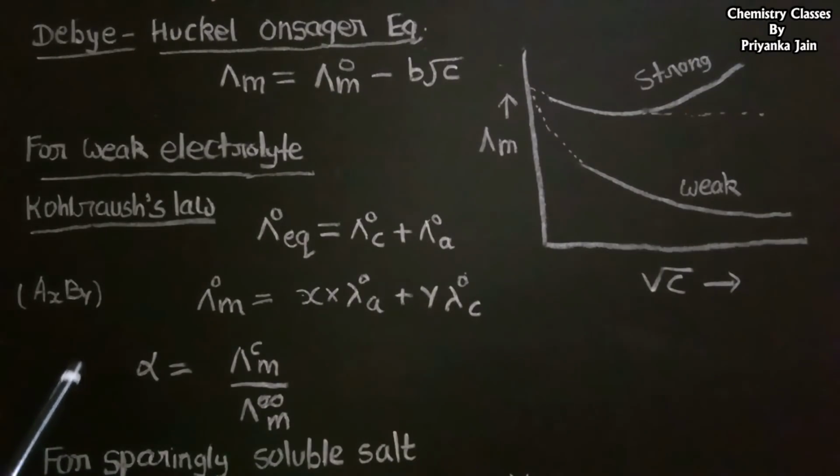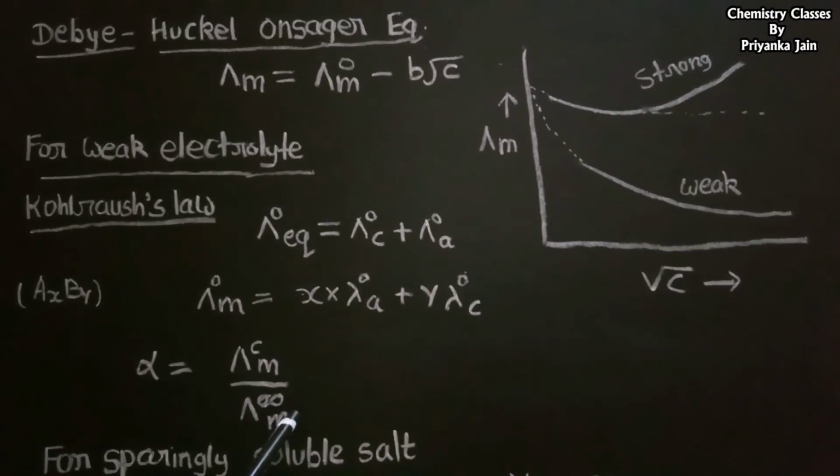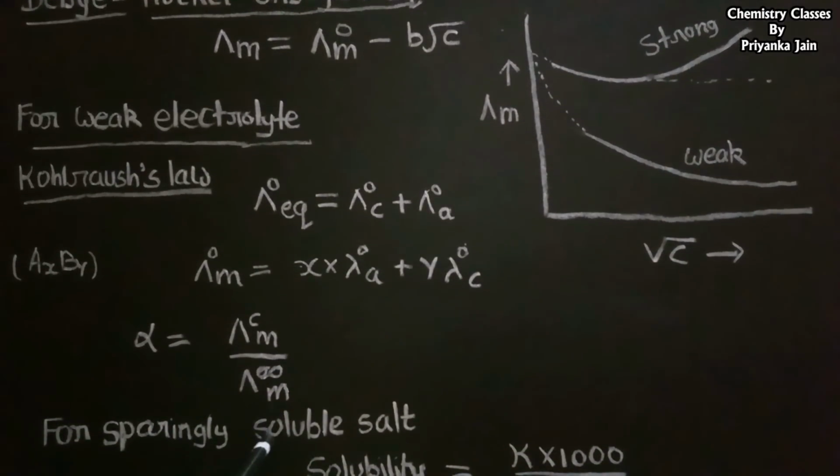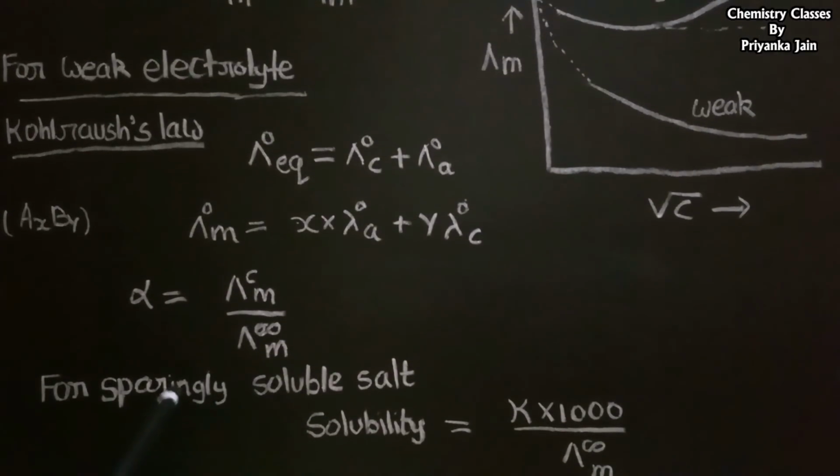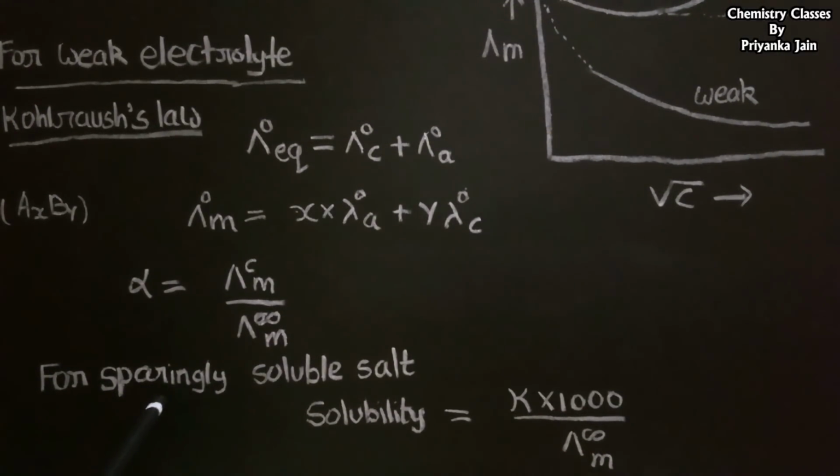By Kohlrausch's law, we can calculate the degree of ionization, alpha. It is given by the molar conductance at concentration C divided by the molar conductivity at infinite dilution. For a sparingly soluble salt, at infinite dilution the molarity will be equal to solubility.